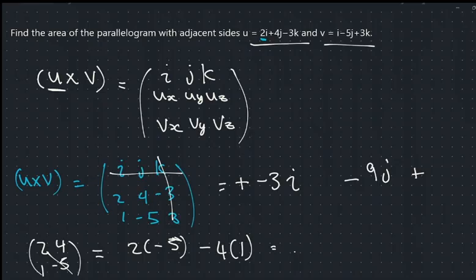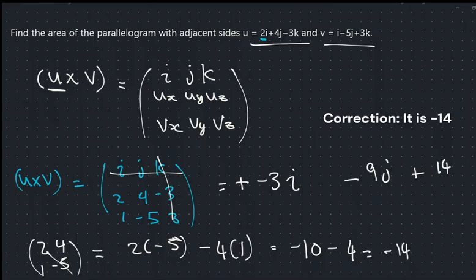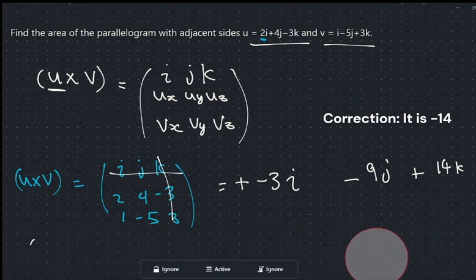So we will get -10 minus 4, which is equal to -14. And then we will put this 14 here along with a k.